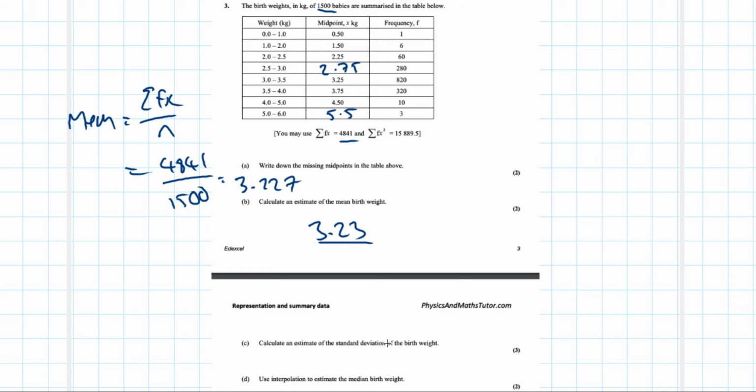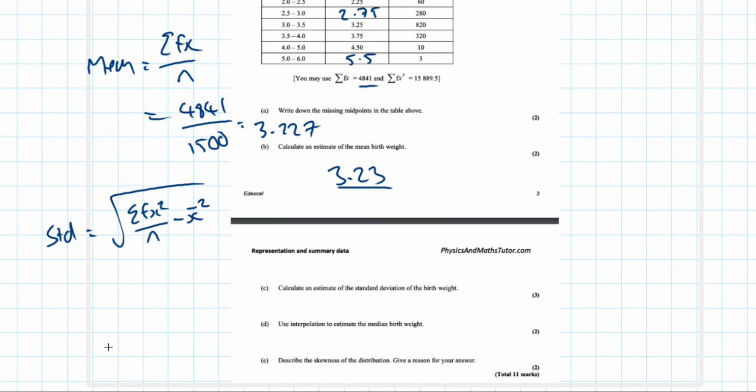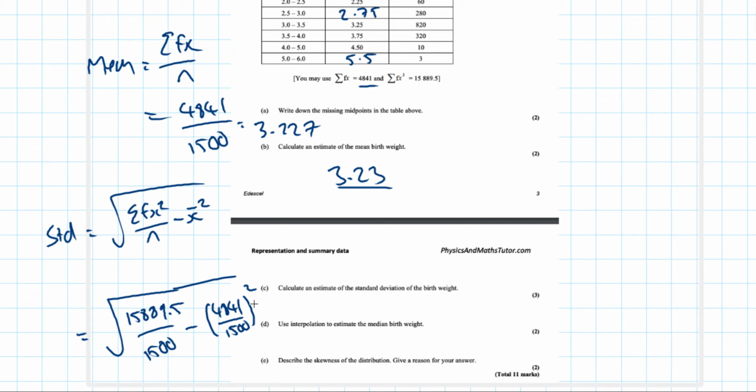Calculate an estimate of the standard deviation of the birth weight. So this one, standard deviation, is equal to the square root of the sum of f of x squared over n minus the mean squared. So we're going to plug in those values. So it's the square root of 15889.5 divided by 1,500 minus, now keep the actual values as much as you can, 4,841 divided by 1,500 squared.